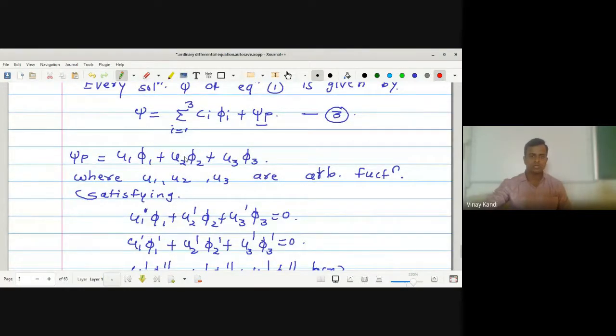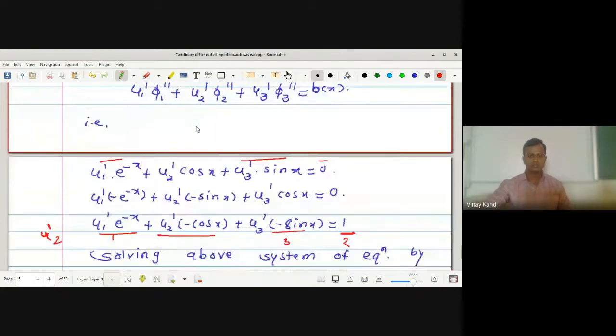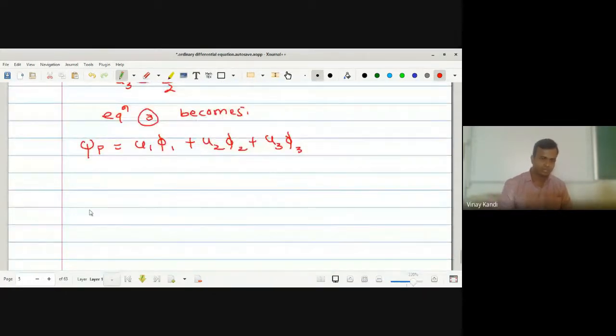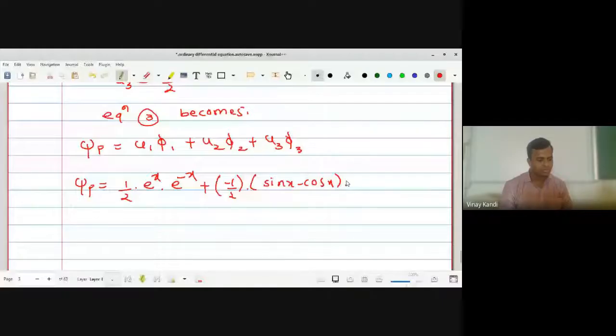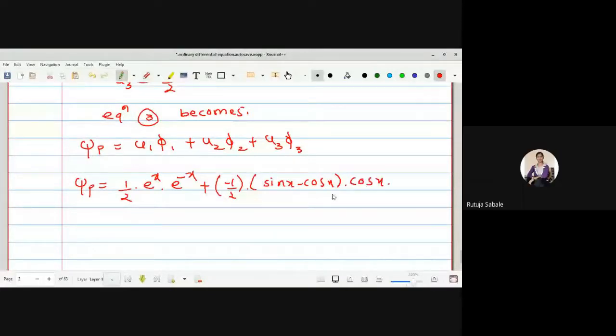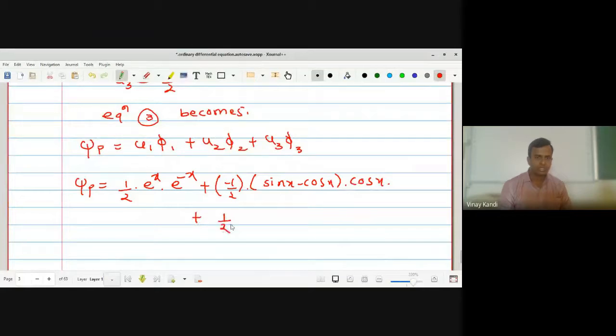Yes, it is your equation 3. Write psi p and put the values in it. psi p is equal to 1 upon 2 e raised to x, what is phi 1, e raised to minus x, plus what is the value of u2, minus 1 by 2 into phi 2 cos x, plus 1 by 2 u3 into sin x plus cos x.